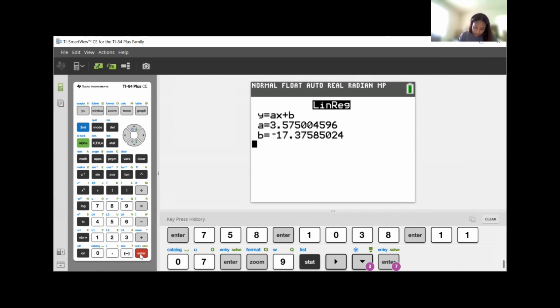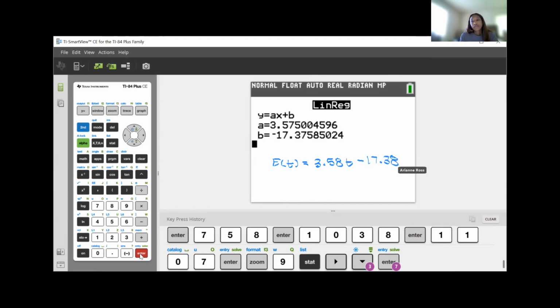So let me see what our variables were. We were using T for the input and E of T for the output. So we would have E of T equals 3.58T, or actually it'll be minus because we have a negative there, minus 17.38.